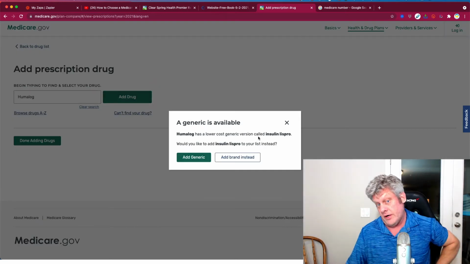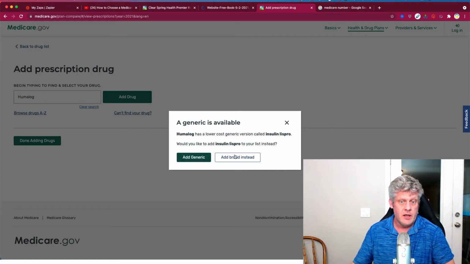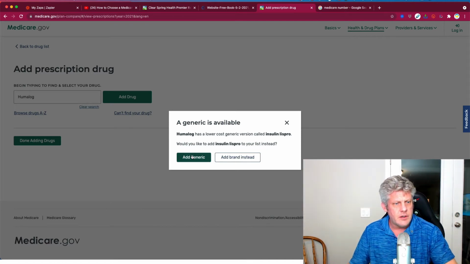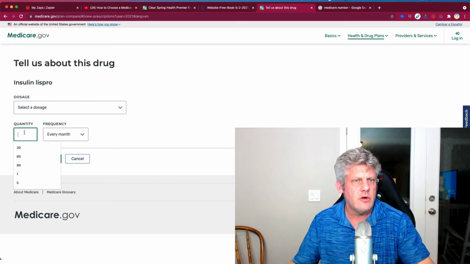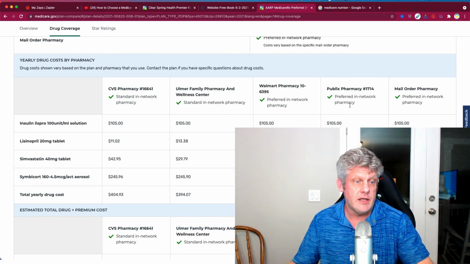So it's just generic insulin. Folks, most of my diabetics are like, I need the Humalog, I need the Novolog, whatever the brand name is. But just for kicks and giggles, let's just do a generic. All right, there we go. Here's our drug list for if we were on insulin, simvastatin, and Symbicort.